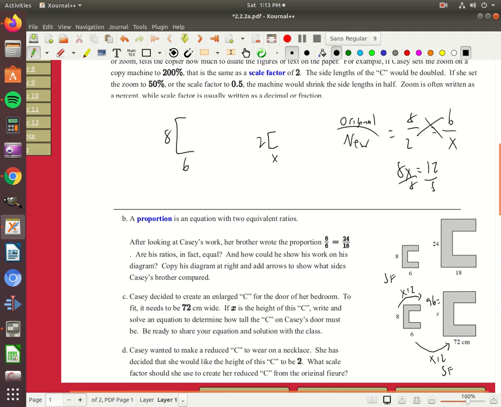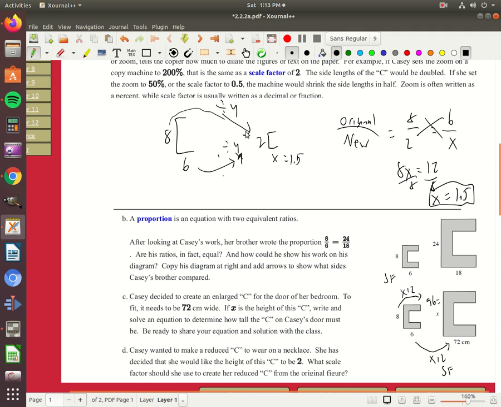I divide by 8, so x equals 1.5. And that's probably not a surprise to some of you who already realize that you could say, well, look, I'm just going to divide this one by 4. 8 divided by 4 is 2, so now if I divide 6 by 4, I'm going to get 1.5.